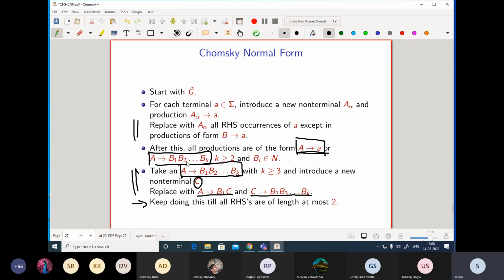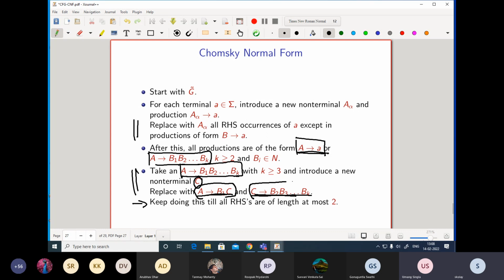Productions of this form, the only problem is in Chomsky normal form there should be exactly 2 non-terminals on the right hand side. We may have more than 2. If there are more than 2, we break them up into 2 such new productions, throw the old production out, so that at least one of them ends up being a production of the Chomsky normal form.